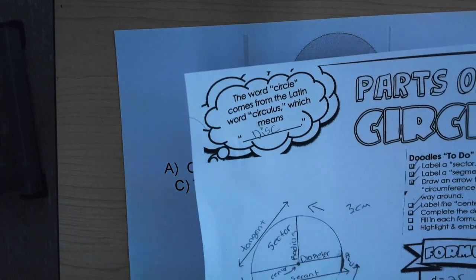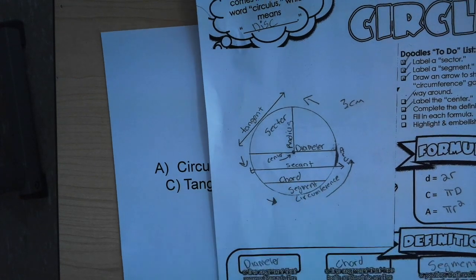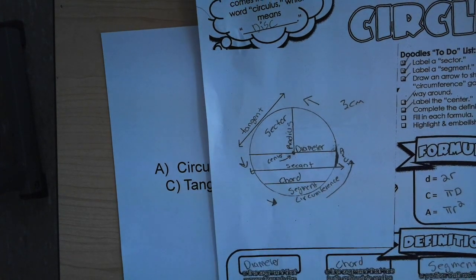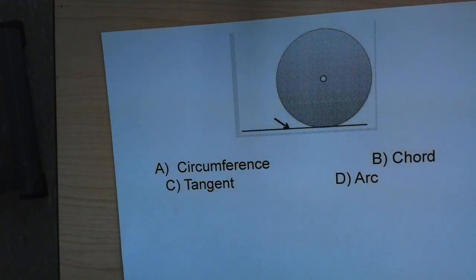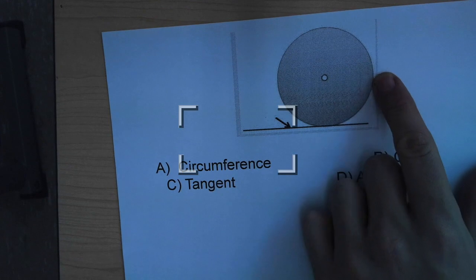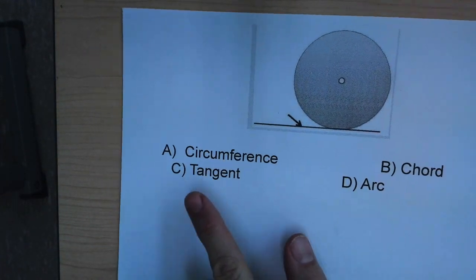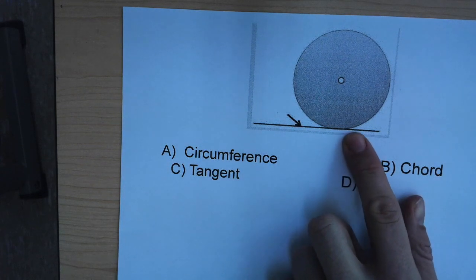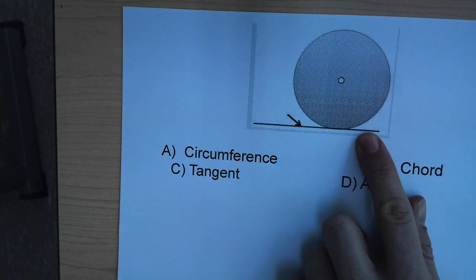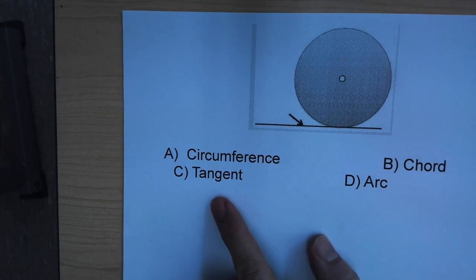A chord is a line that goes through the circle on both endpoints but does not cross the center. An arc is a portion of the circumference. But a tangent is a line that goes through and touches just the tip of the circumference. So therefore, it's C, tangent.